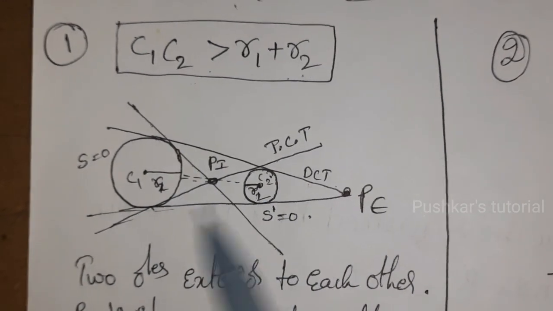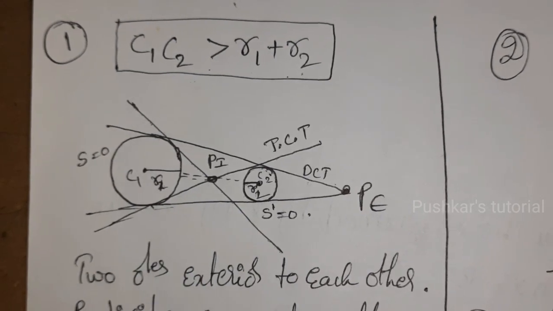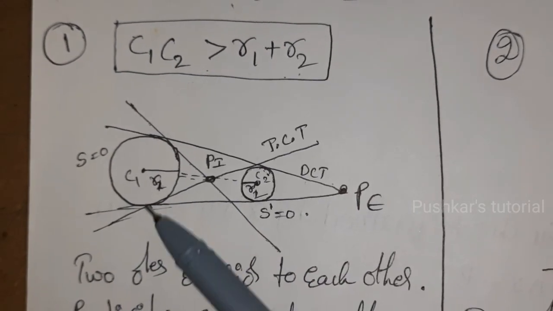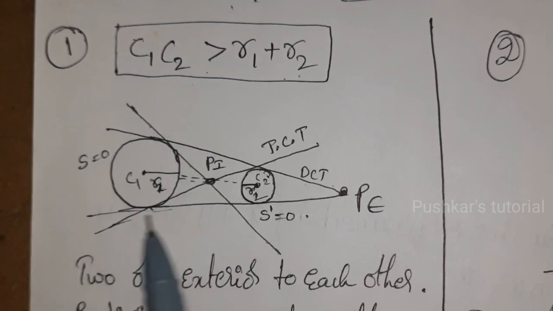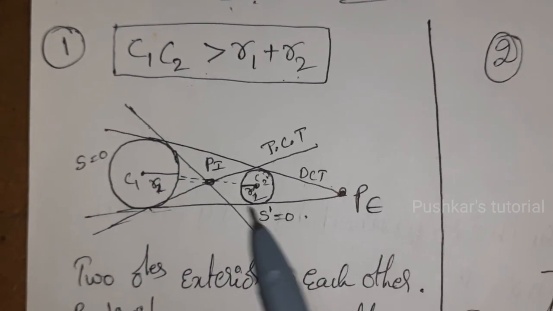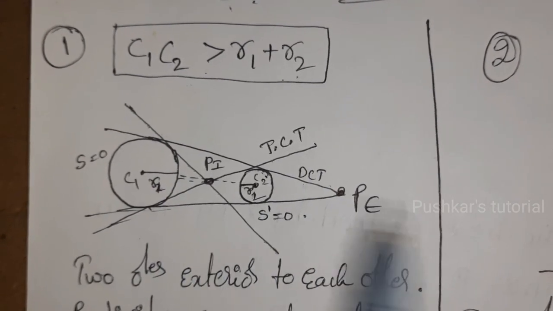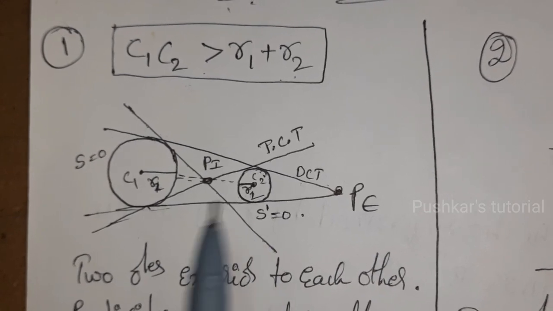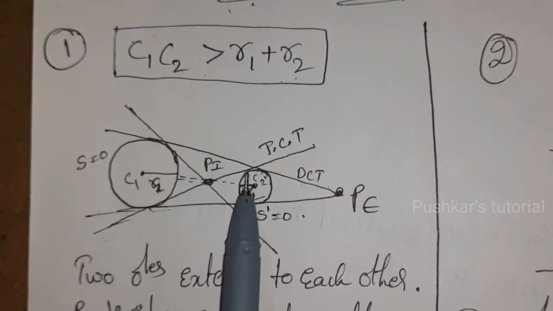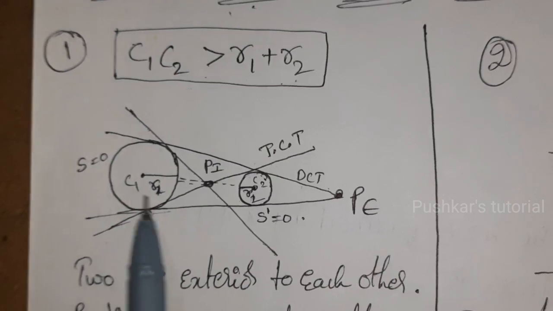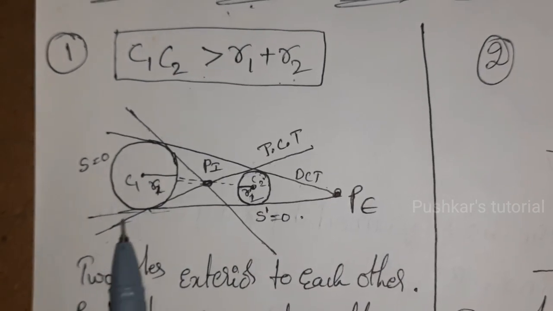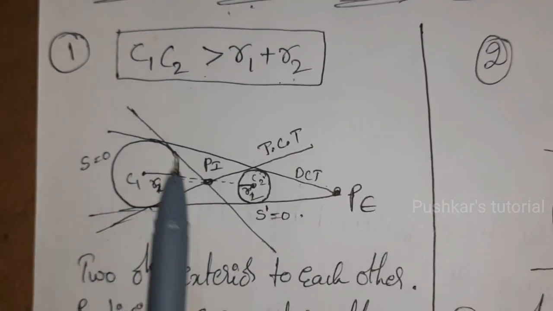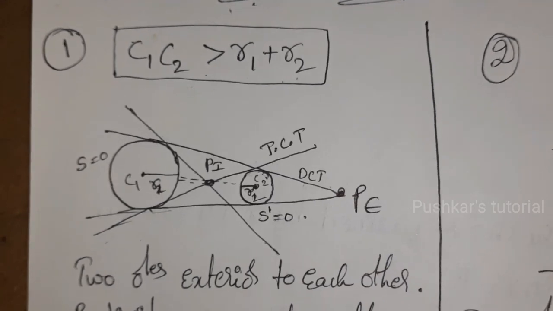So this tangent is above the two circles and this tangent is below them, so they are DCTs. TCT means one circle is opposite to the other. So for this tangent, this circle is on the right side and this circle is on the left side, so this tangent is a TCT. In the same way, this one is also a TCT.